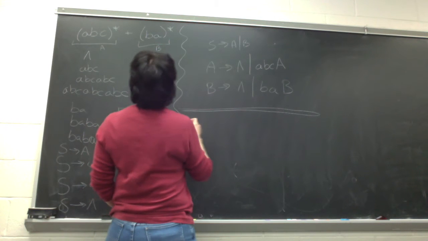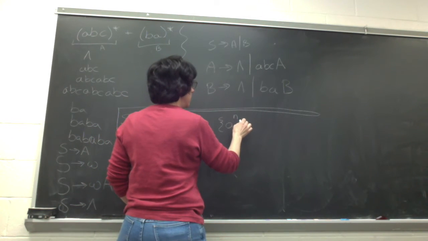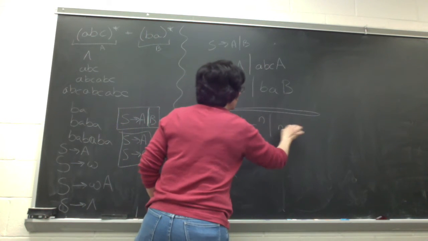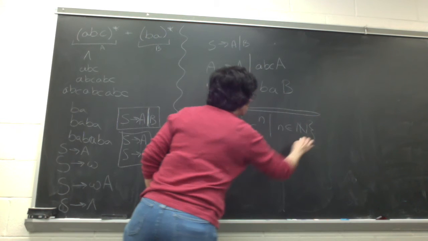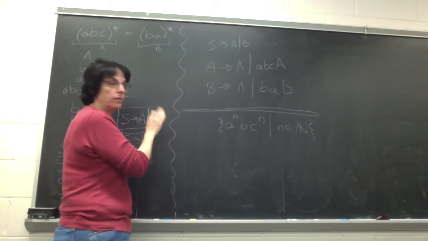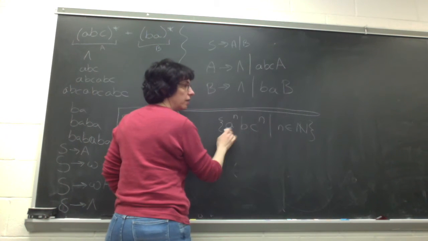So if we had something like the set A to the n, B, C to the n, such that n is a natural number, that's not a regular language, because we've got these 2 guys matching each other.